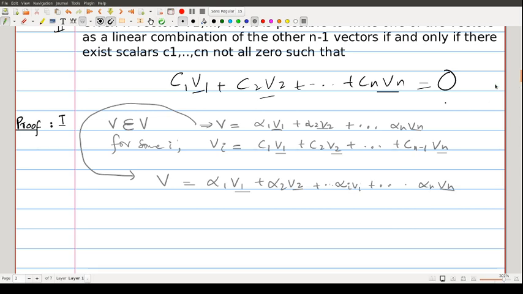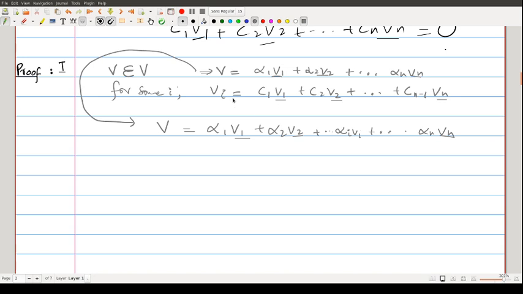So the idea is this alpha i vi, since vi can be written in terms of the other vectors, we can remove this vi and instead write alpha 1 v1 plus alpha 2 v2 plus, instead of this vi I can just write c1 v1 plus c2 v2 up until cn minus 1 vn plus dot dot dot alpha n vn.